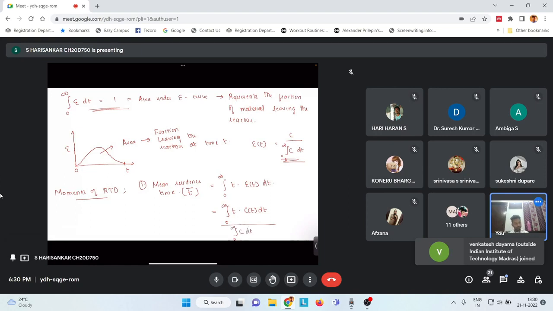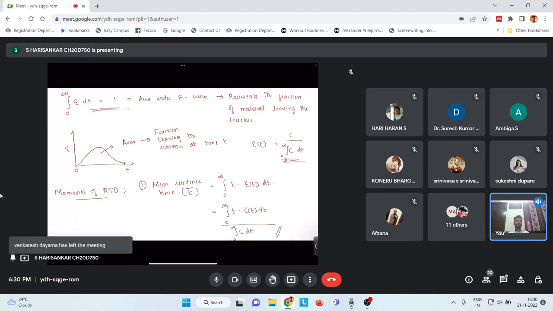So this is your first moment, which is mean residence time, or which you can also vaguely term average residence time of the reactor. Or, this is basically the average residence time spent by the molecules inside the reactor. All right. The second moment is the variance.